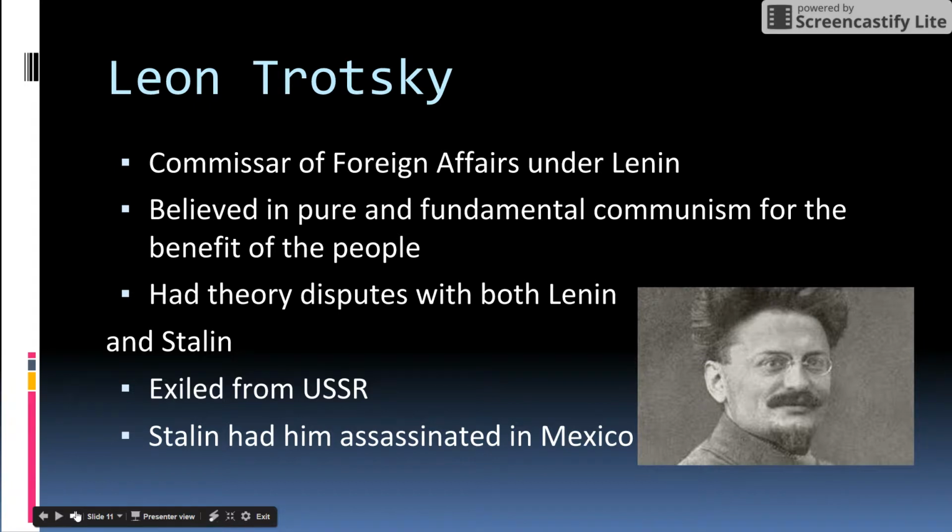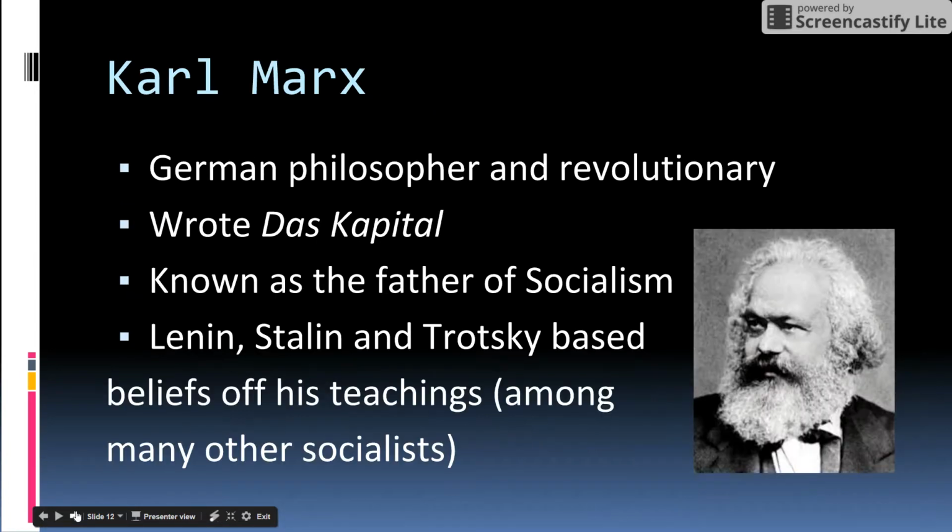So he had some major theory disputes with Lenin and Stalin, and he stood up to them, and they did not like that. So he eventually was exiled from the USSR. He ran off to Mexico, and Stalin actually had him tracked down in Mexico and assassinated, which I find to be pretty amazing considering the lack of technology in the early 1900s. They were able to track him down from Russia all the way in Mexico and kill him.